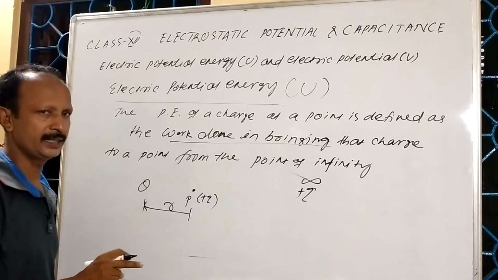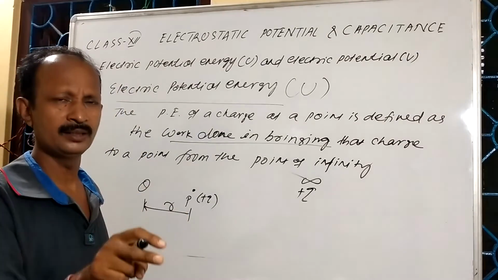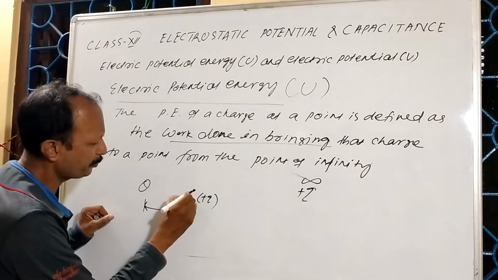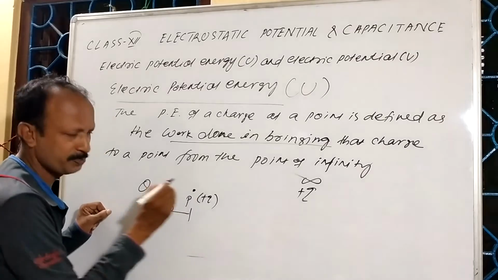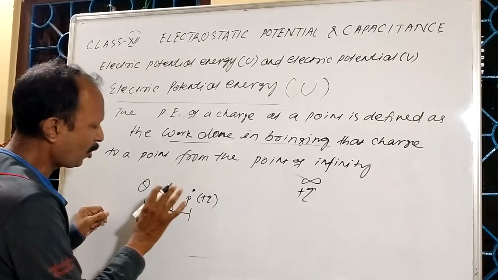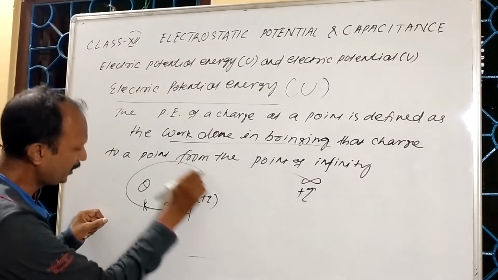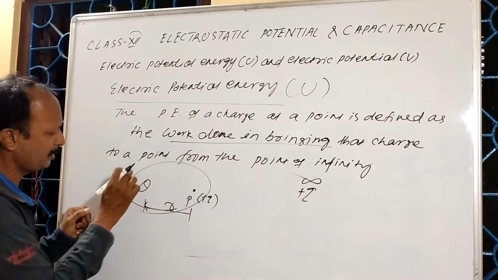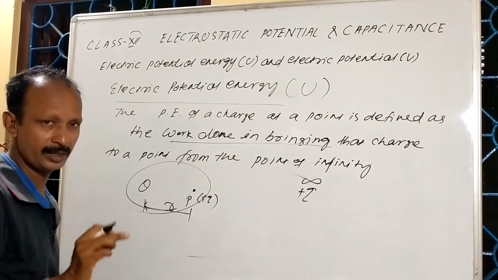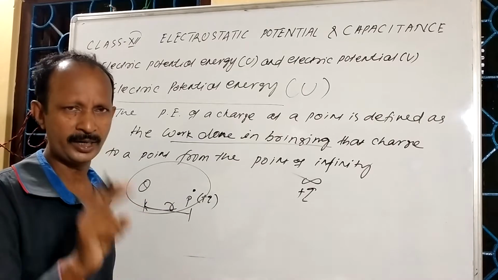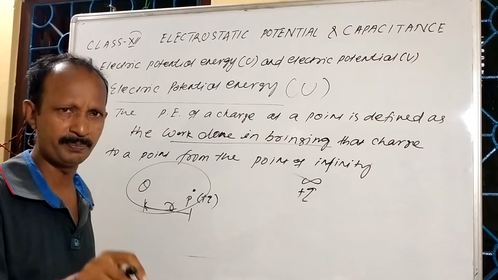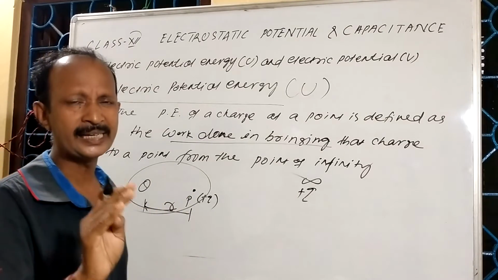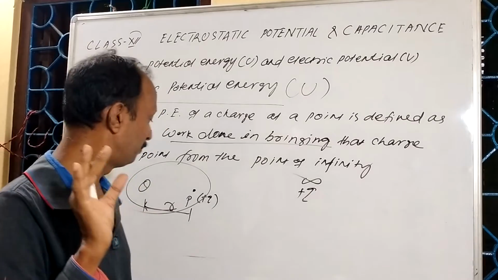Whenever I am telling the potential energy of the charge at a point, don't think that potential energy is stored in this point. Practically, potential energy is stored in this system. The point may be here, here, or here. Though I have written potential energy of a charge at a point, in practice the potential energy is present in that system.